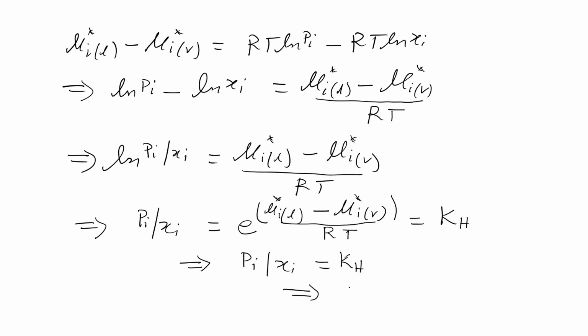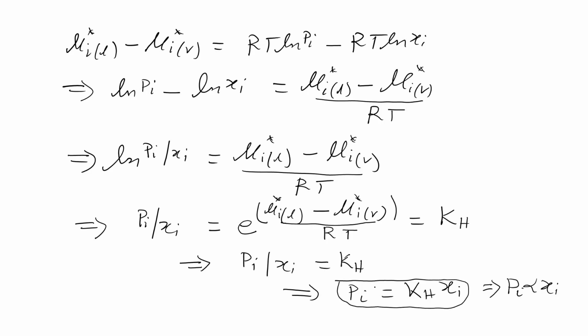So Pi is equal to KH into xi, or Pi is proportional to xi. So this is Henry's law.